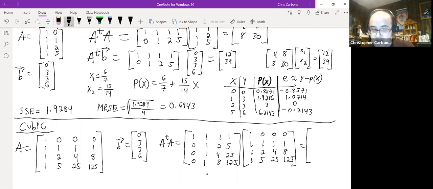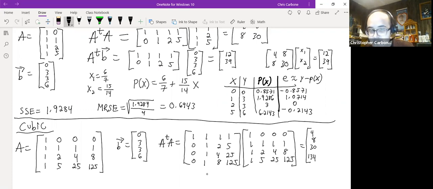And those terms are going to be this. Let me try to give this a nice spacing. This is going to be 4, 8, 30, and 134 in the first column.